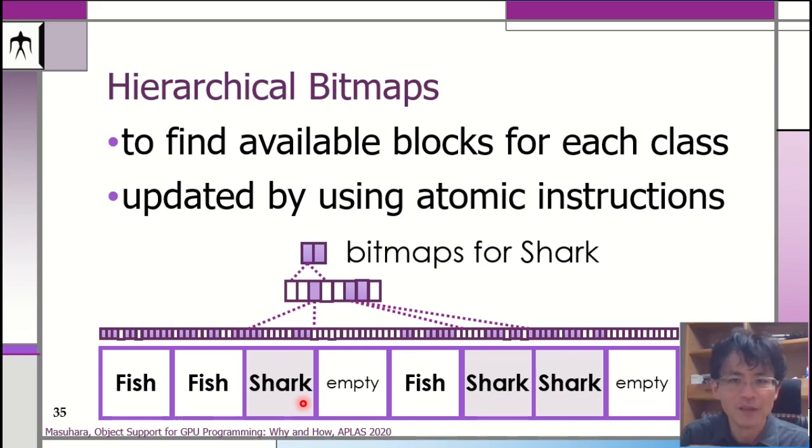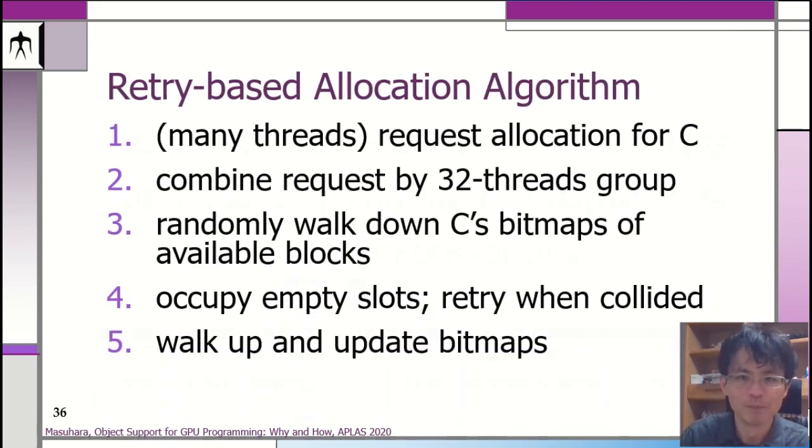And these bitmaps need to be updated concurrently in some cases. So we use hardware level atomic instructions for updating to maintain consistency. And the actual memory allocation algorithm takes place in this way by using those bitmaps.